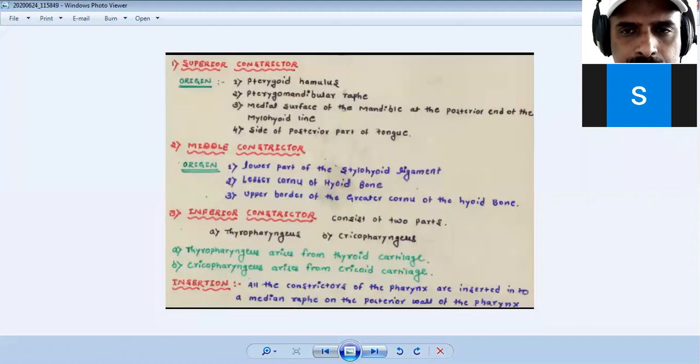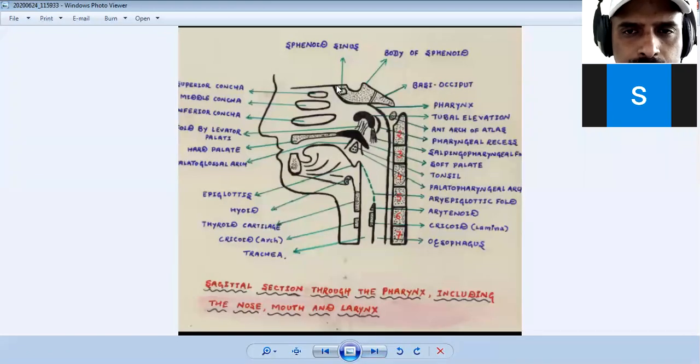When you see the nasopharynx, this is the part extending up to here, and that we are going to call the nasopharynx. The nasopharynx is the upper part of the pharynx situated behind the nose and above the lower border of the soft palate.